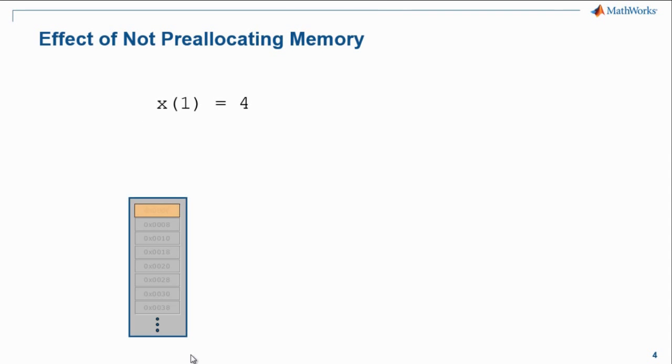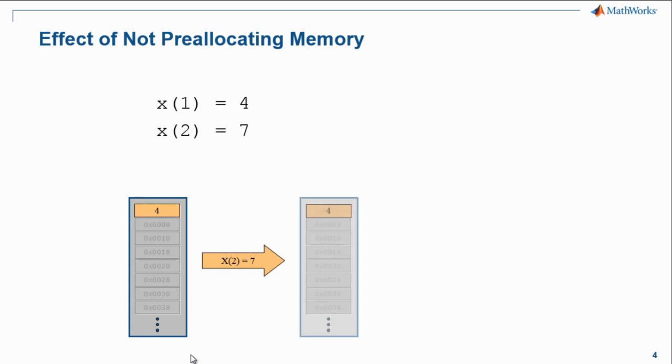So right now, with these for loops, on each iteration, we're going to the operating system and saying, hey, we need space for some amount of data. So for example, we say x of 1 equals 4. We'll ask the operating system for a 4. Hopefully it gives us the space. When we say x of 2 equals 7, the operating system needs to allocate space for 2 elements, copy the 4 over, insert the 7, clear out the old value.